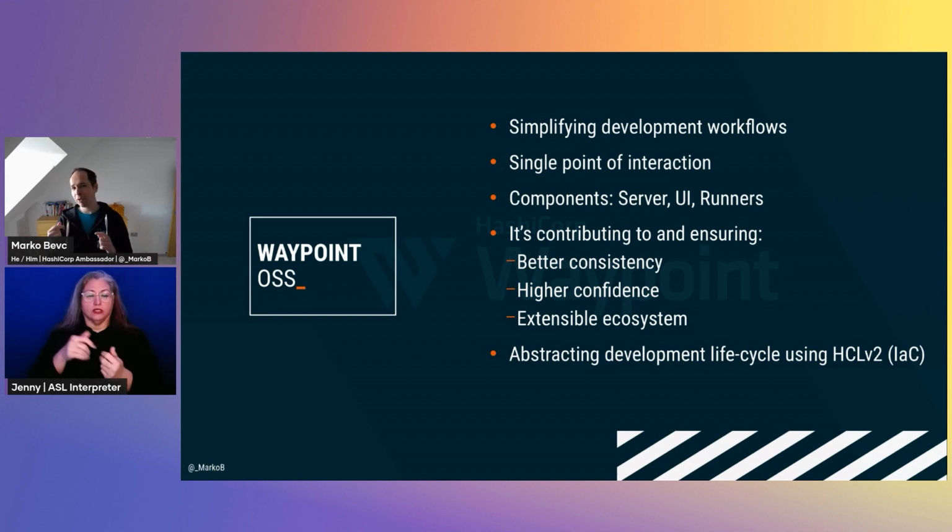It helps you cover the whole software development lifecycle from the developer perspective, and helps you abstract all the necessary nitty-gritty things that you don't want to deal with as a developer on a daily basis. It consists mainly of three components: there is a server, there is a UI, and there are runners. With the OSS variant, this all comes within one binary, so you don't have to deal with lots of different things. It's very simple to set up.